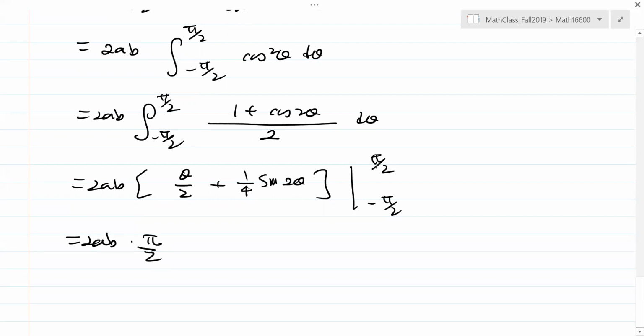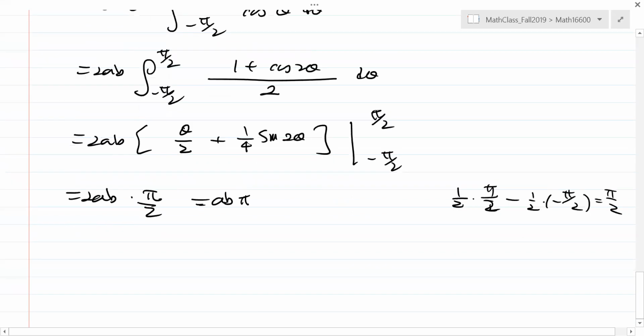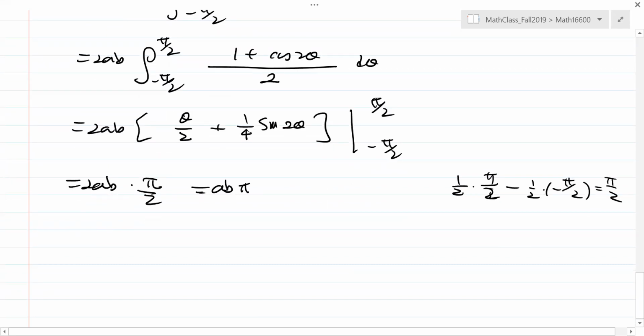Because half of pi over 2 minus half of negative pi over 2 gives you pi over 2, right? This difference. After you cancel out, it's a surprise to me, just a times b times pi. And when a equals b equals r, you get a circle, and that is pi r squared. So you get the formula for the area of an ellipse.